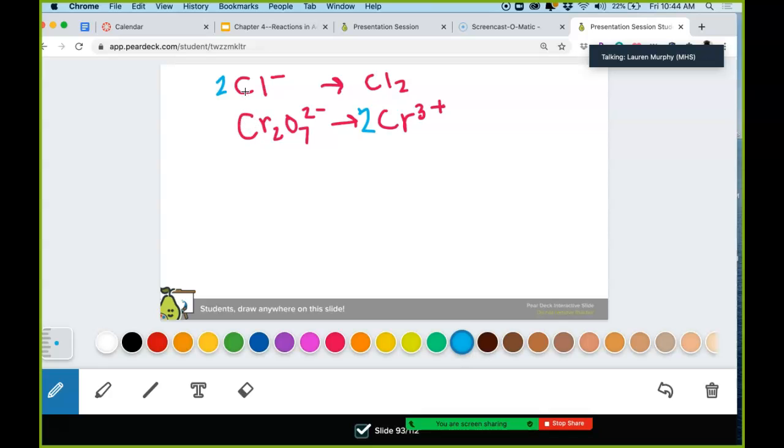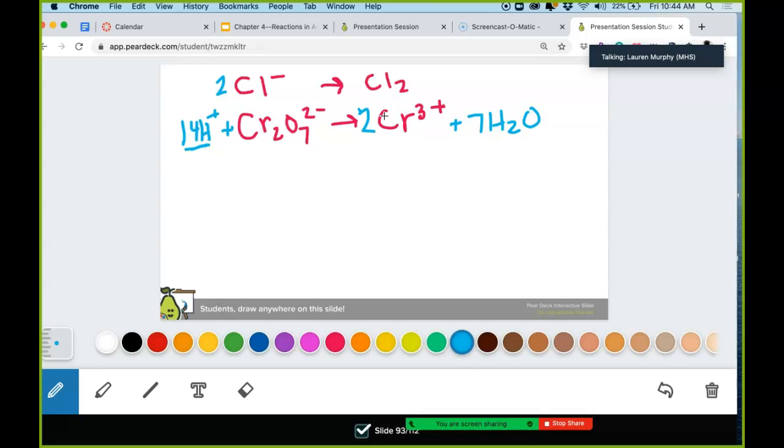There's no oxygens in this top half reaction, so I'm not going to do anything up there. There are down here though, there's 7 of them. So I balance oxygens by introducing water, 7 waters. That in turn gives me 14 hydrogens. I get to do this because it's in an acidic environment, and that's what hydrogen ions represent.